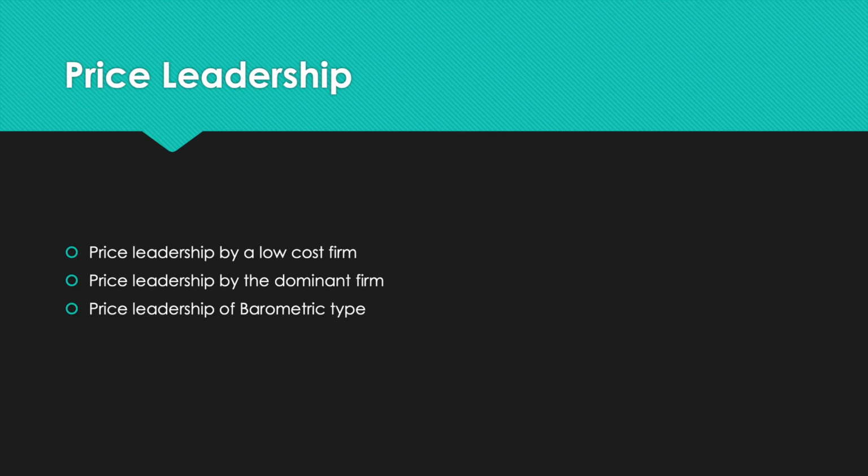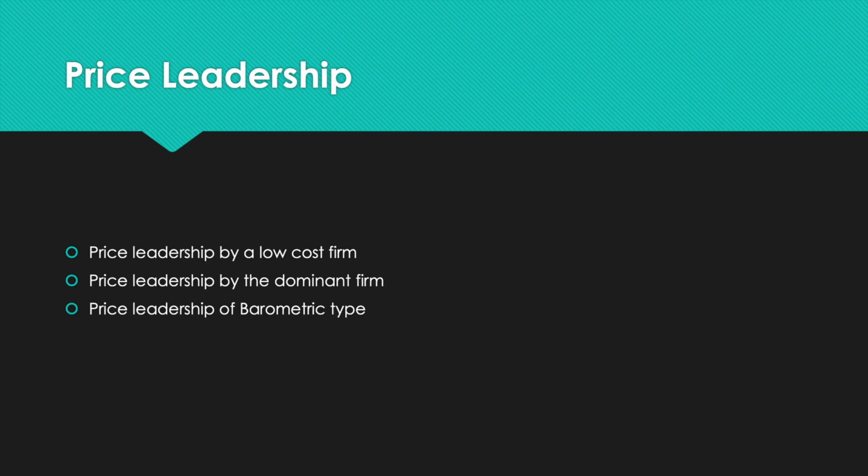So this is divided into three, which is price leadership by a low cost firm. Now this is where the cost of production is used as the criteria. So the firm which has the lowest cost of production would be given the task of price leadership. The next one is price leadership by the dominant firm. Now this is where the criteria is on the basis of market share.